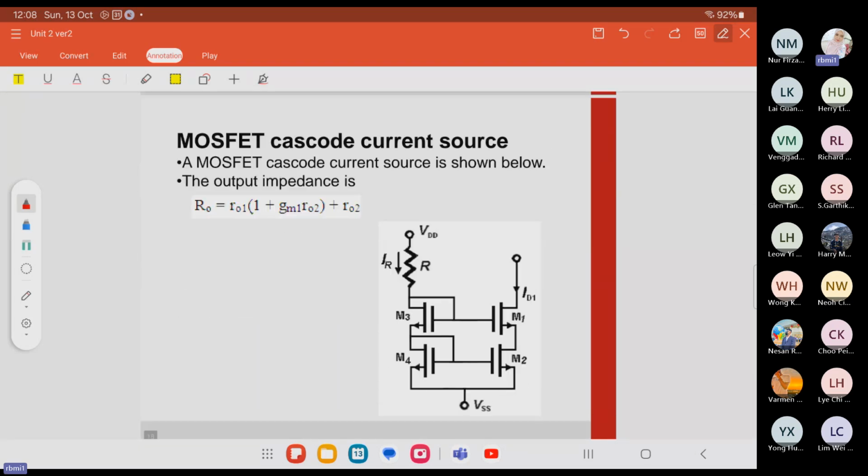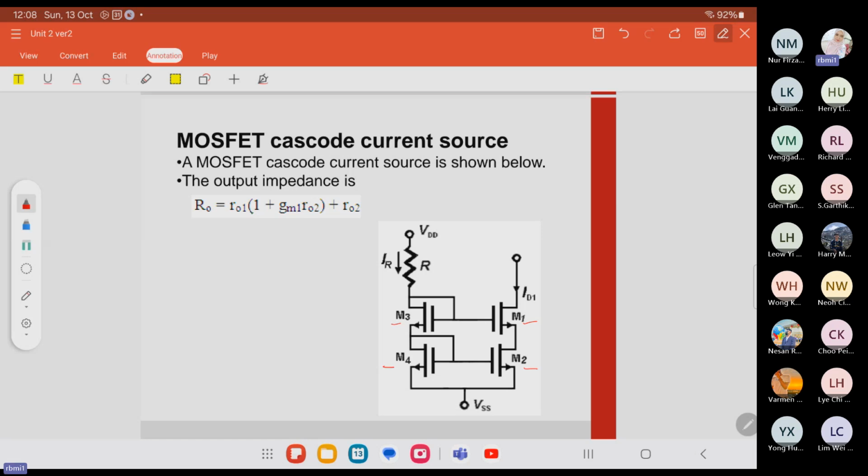Next one, we have the MOSFET cascode. Now we have 4 MOSFETs: M1, M2, M3, and M4. This configuration has better output impedance, meaning that the R out is a better or larger value. For identical MOSFETs, the output impedance is the same, which we call R0. If they are identical, meaning they have similar properties, R01 equals R02, and we can say it equals R0.